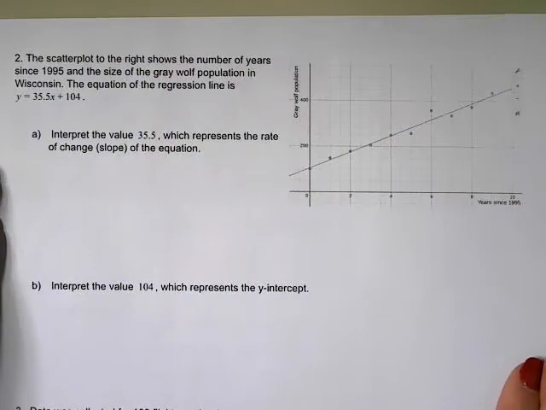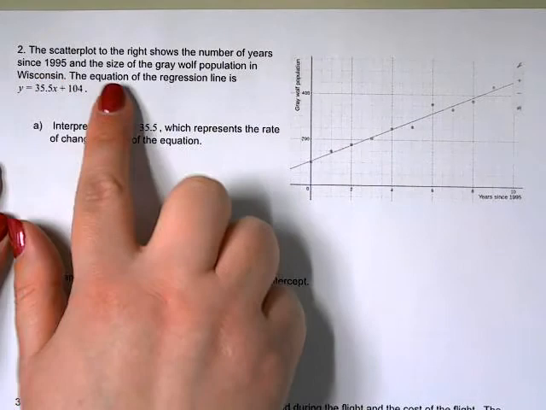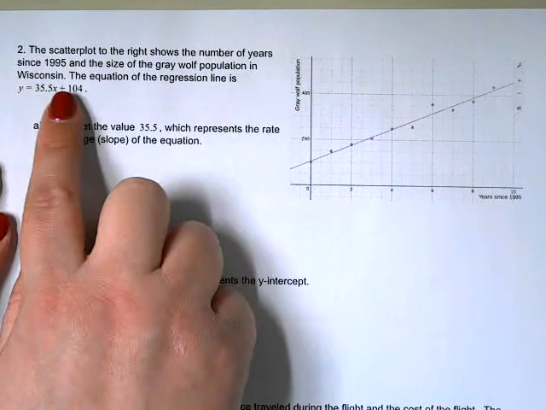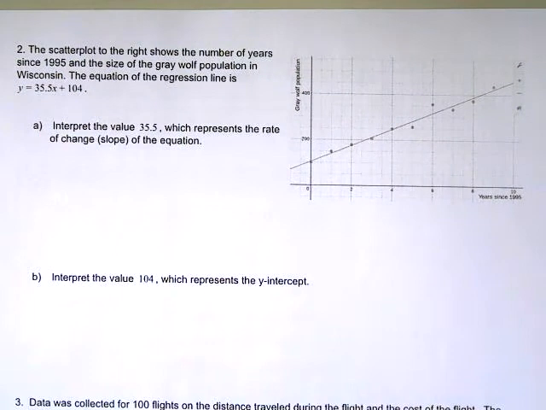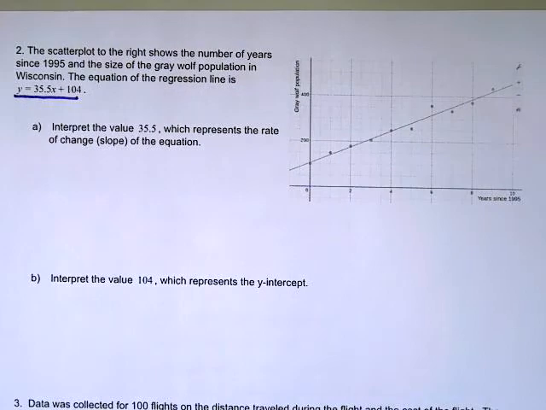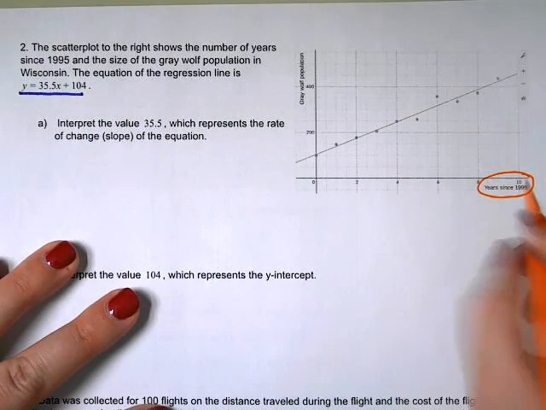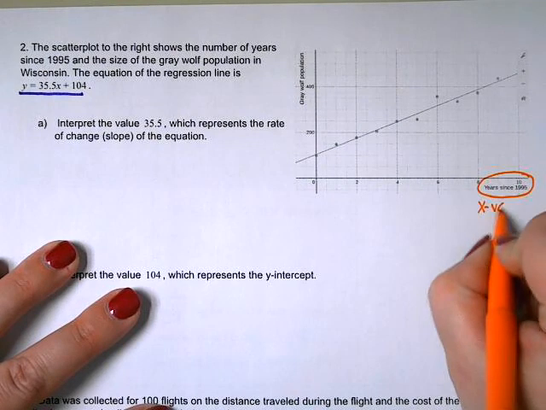All right, so we've got this scatter plot at the right showing the number of years since 1995 and the size of the gray wolf population in Wisconsin. The equation of the regression line is y equals 35.5x plus 104. So before we do anything, I want to take a second and look at what my variables are here. So my x variable is the years since 1995.